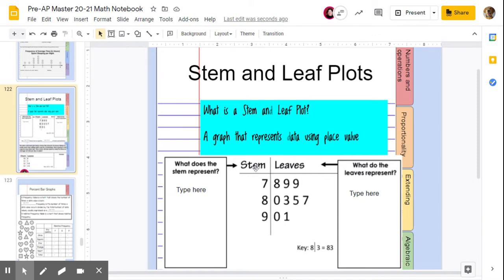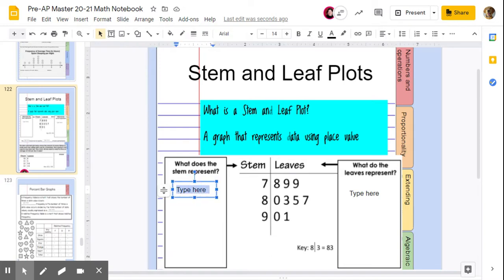So you have your stem on the left here, and then you have your leaves on the right here. The stem typically represents the tens place value. It can also represent other powers of 10 based on the key. Okay, so you'll notice down here at the bottom right, there is this key that says 8-3 is 83.